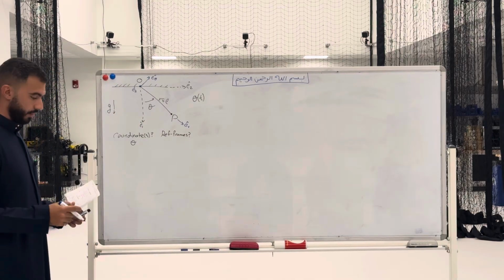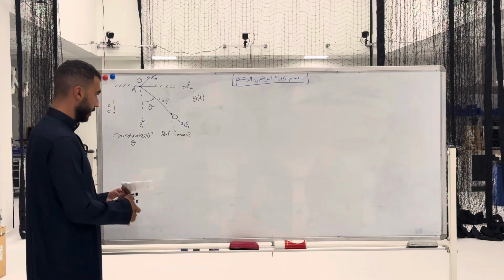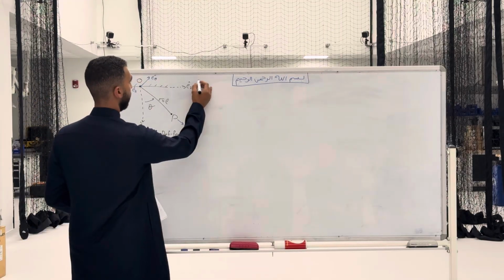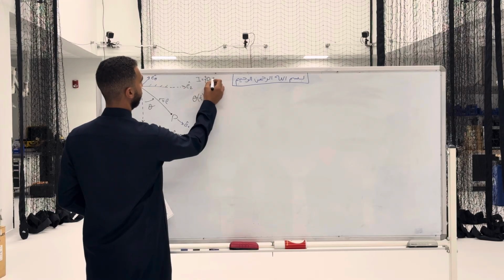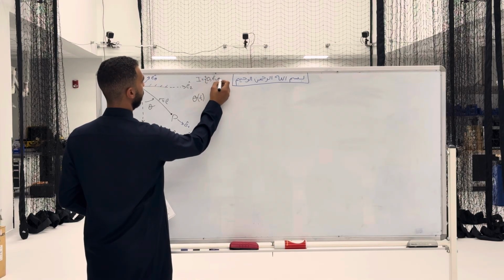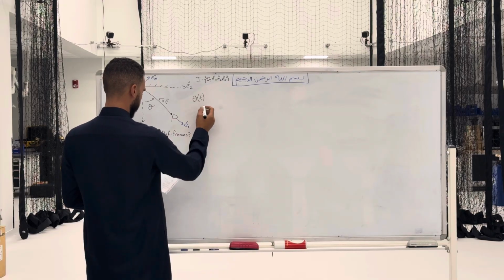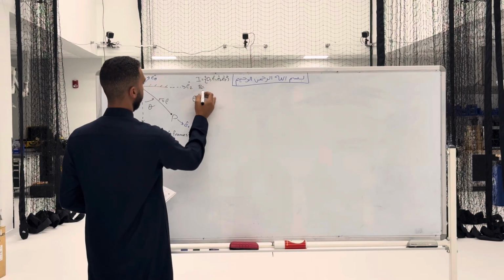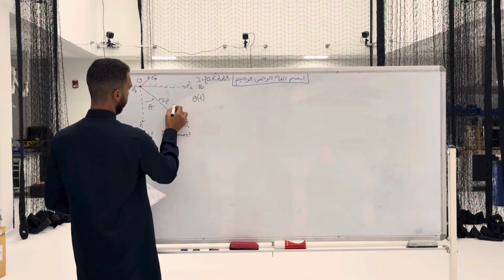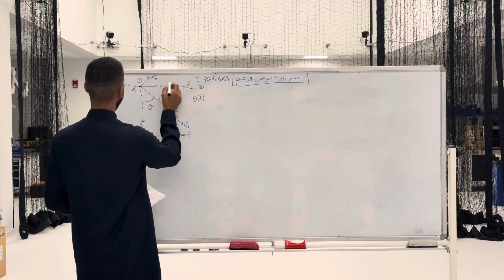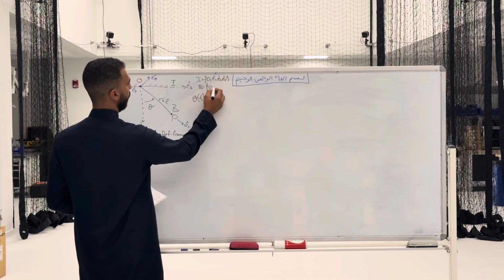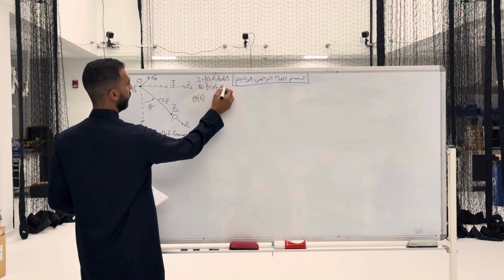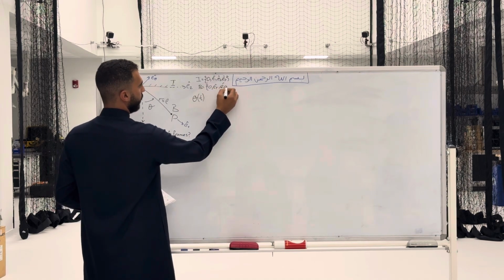So what we described is we have an inertial reference frame. We have O, E1, E2, E3, and we have the B reference frame. Let's call this B, and let's call this I. So the B is O, E_R, E_theta, and E3.